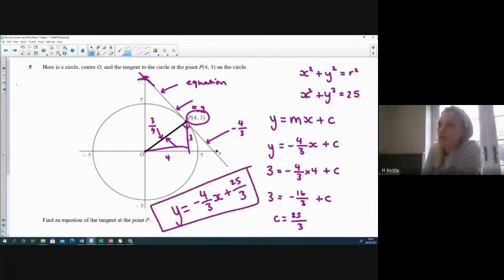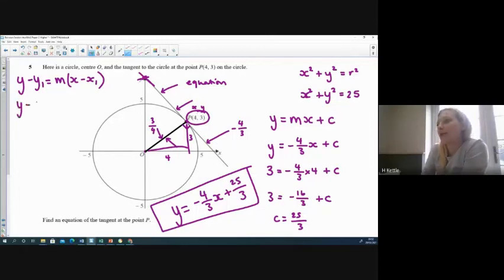There is another way of doing it, and that's to use the formula y minus y1 equals m brackets x minus x1. I'm not sure which way your teachers taught it to you. So that's one way. The other way is to use this formula. We know that the gradient is minus 4 over 3, and then the x1 and the y1 are that point that we had.